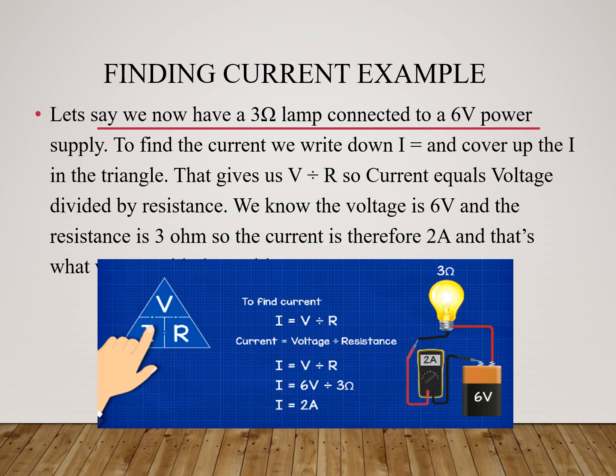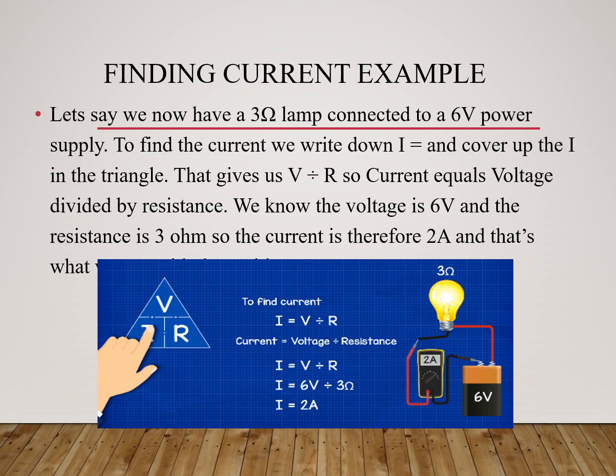To find the current, we write down I and cover up the I in the triangle. That gives us V divided by R. So current equals voltage divided by resistance. We know the voltage is 6 volts and the resistance is 3 ohms, so the current is therefore 2 amps.